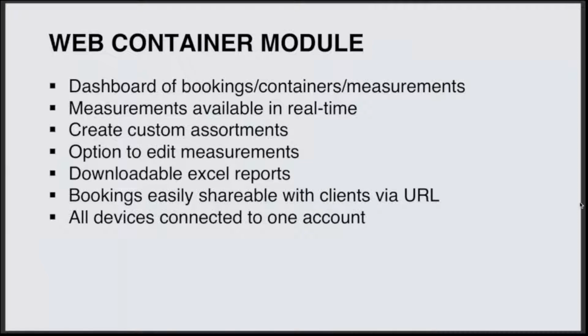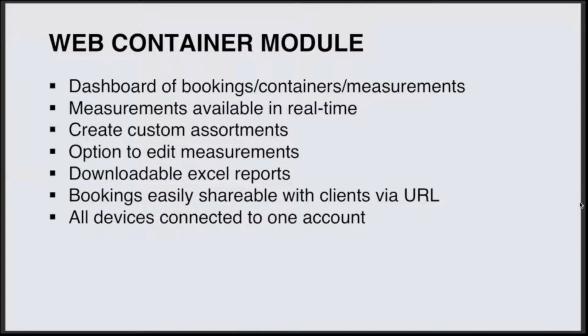If there's necessary post-processing, then you can very comfortably do this on your desktop computer. You can download Excel reports for all of the bookings and separate containers, and you can easily share all the information there by a link. And all the devices are connected to the one account.